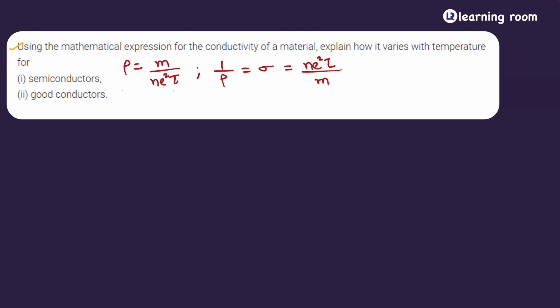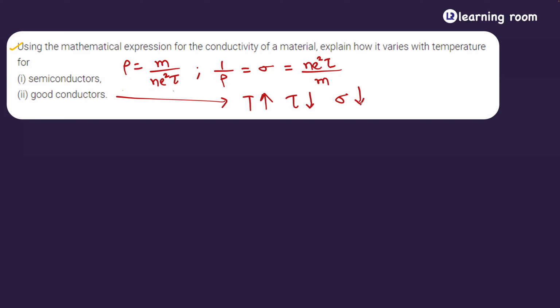So for a good conductor, it is easy for us to explain the conductivity. When temperature increases, relaxation time decreases, so conductivity decreases. Correct? Temperature increases, relaxation time decreases, conductivity decreases.